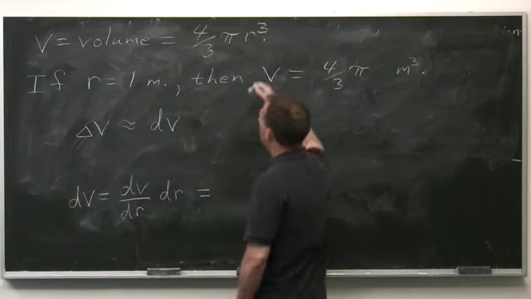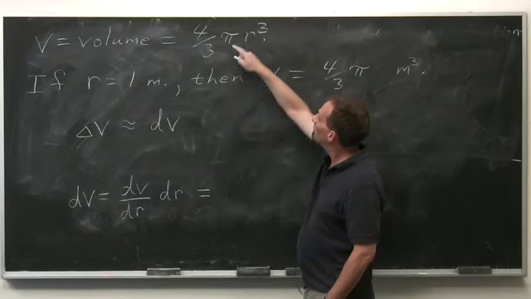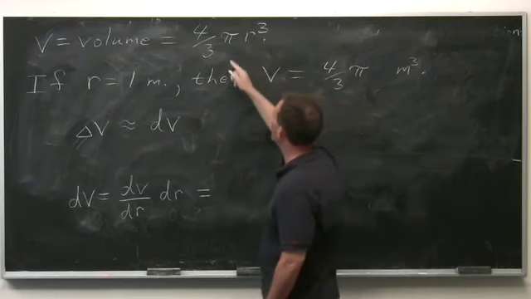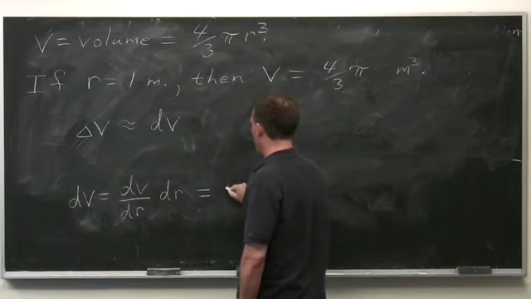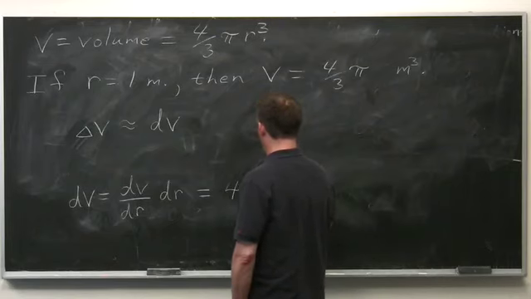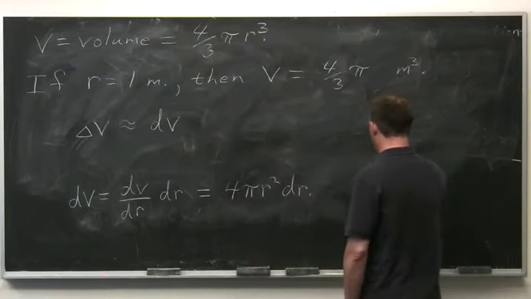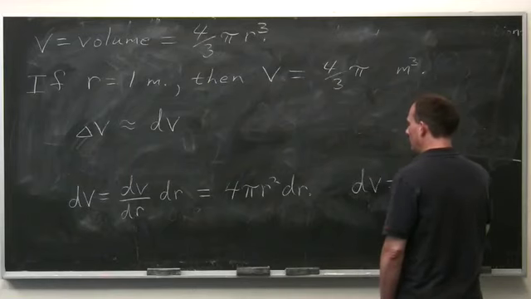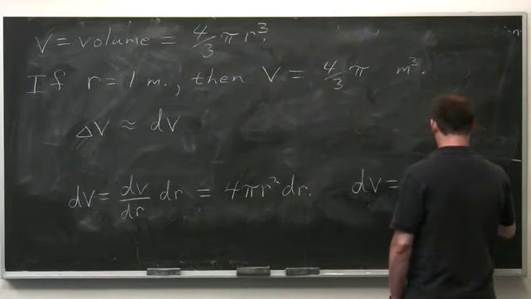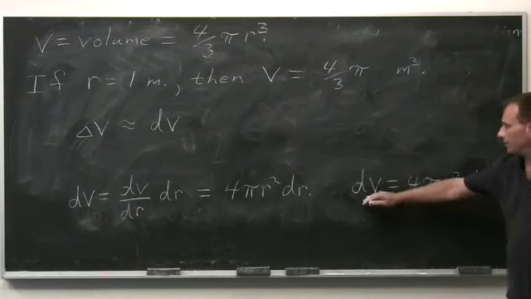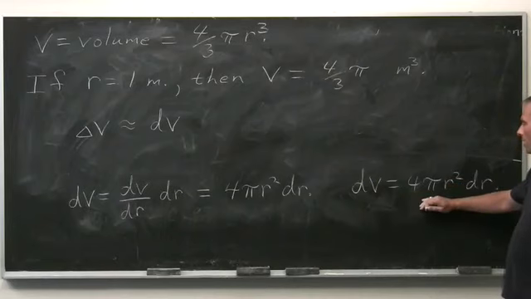But we have V as 4/3 pi r cubed. 4/3 pi is a constant. The derivative of r cubed with respect to r is 3r squared, the 3's cancel. So we get 4 pi r squared times dr. So in differential notation, dV equals 4 pi r squared dr. Yes, it's exactly the same as saying that dV/dr is 4 pi r squared.